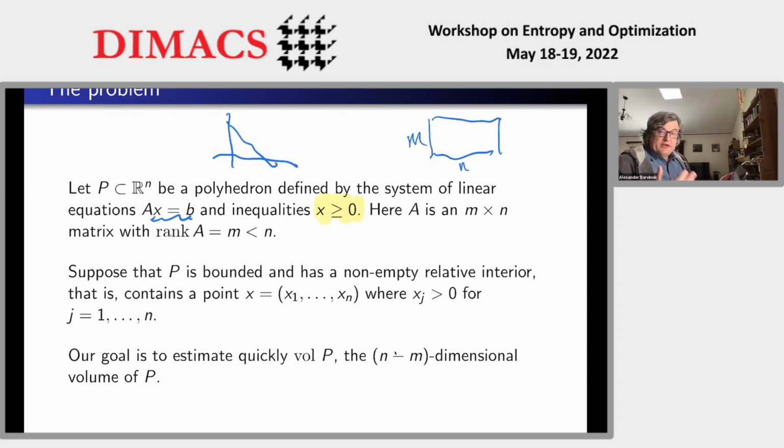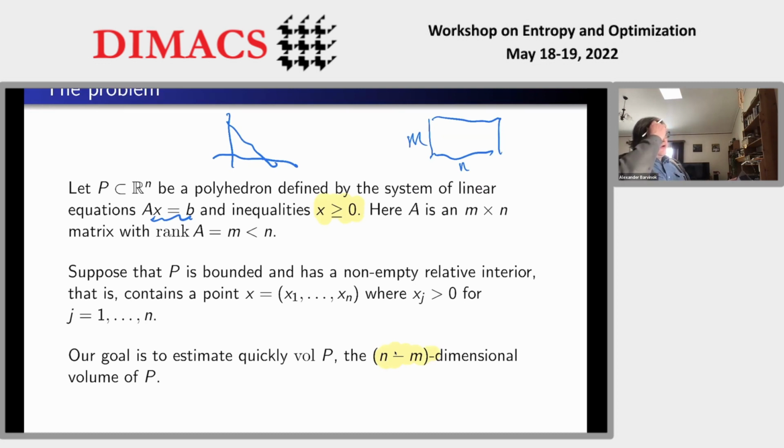And we assume that, of course, the polyhedron is bounded and has a non-empty relative interior. So we are computing the n minus m dimensional volume. Of course, there are Markov chain Monte Carlo algorithms that would do that.